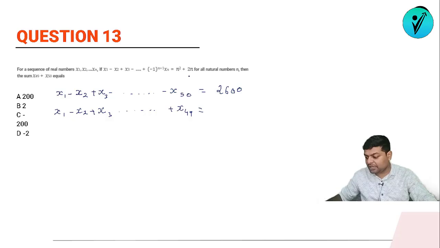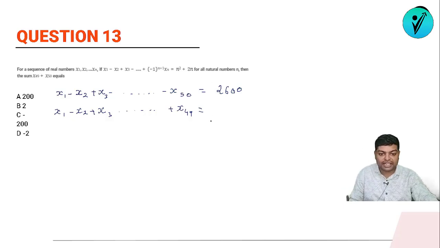I'm using the calculator for it. 49 into 51 is 2499. Okay, and also let's get the value till x48. So x1 minus x2 plus x3 till minus x48. The value of it will be 48 into 50, so it's 2400.